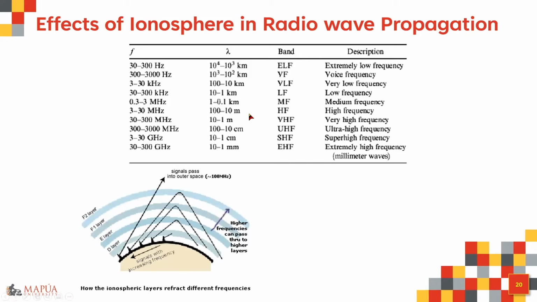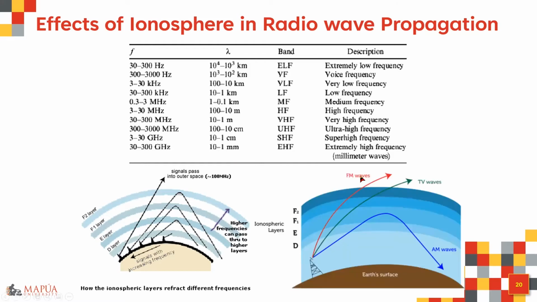On the other hand, if you go higher than HF, VHF, UHF, the ones we use for TVs, SHF, EHF, as well as the other higher frequency bands, these radio wave bands actually pass through the ionosphere. Some of them are refracted more than others.